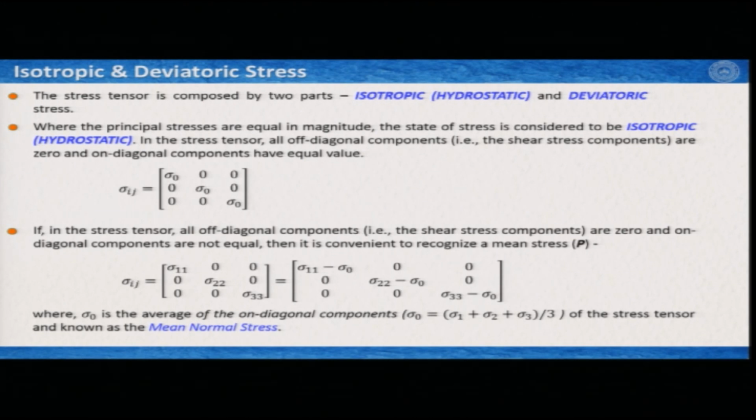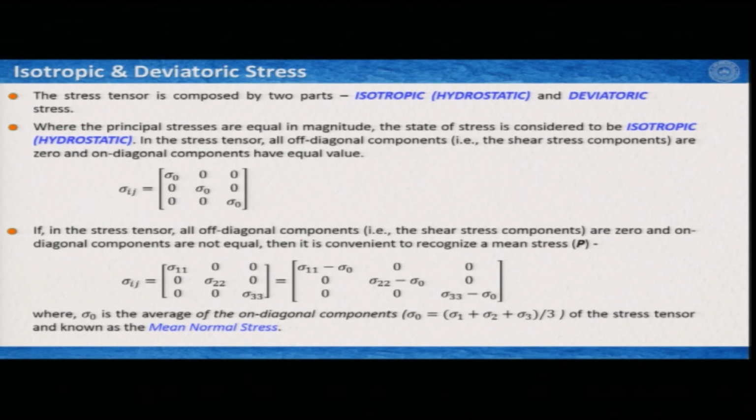In the stress tensor, if sigma 11, sigma 22, sigma 33 are all equal, then I can replace them with a single value, in this case sigma 0. All other components are 0; you have only 3 principal stresses with similar magnitude.